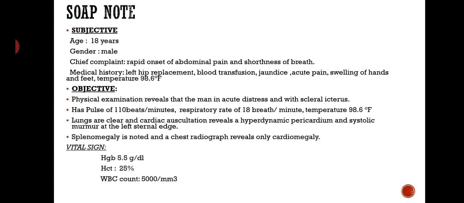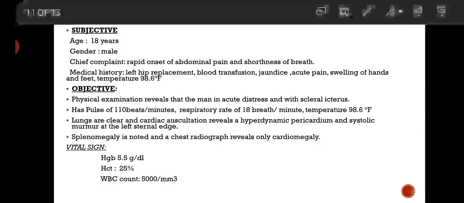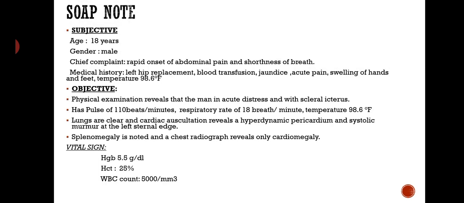Lab values: hemoglobin is lower, which indicates anemia. The hematocrit, which measures the proportion of the RBCs, is 25%, which is lower, and also indicates anemia. WBC is 5,000, which is within the range of 3,200 to 9,800.